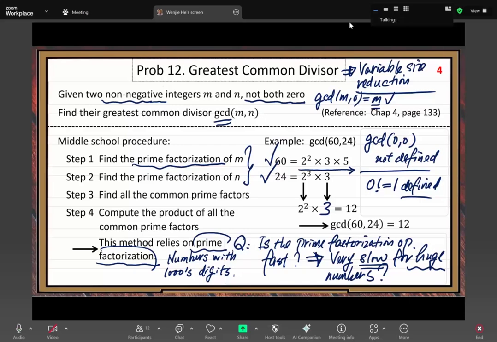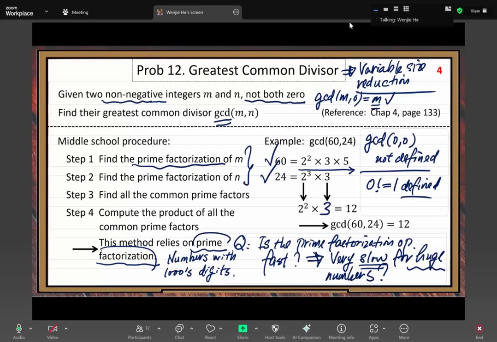So to give you an idea why prime factorization is so slow, extremely slow, here I can talk about some stories related to the prime factorization question.